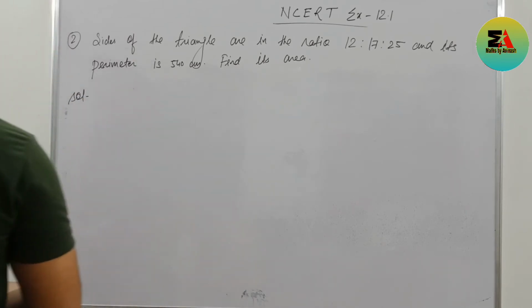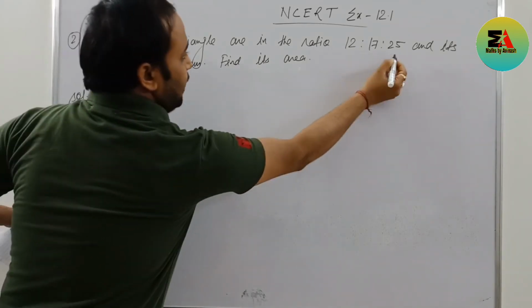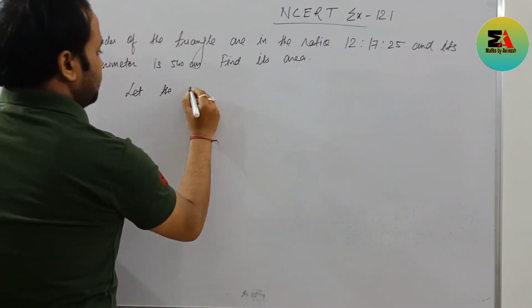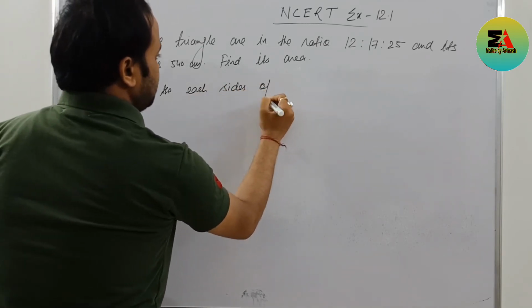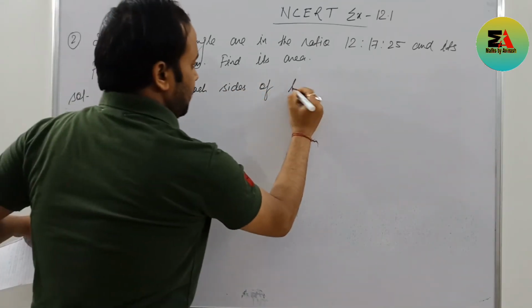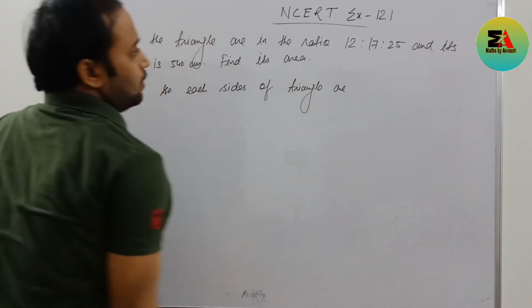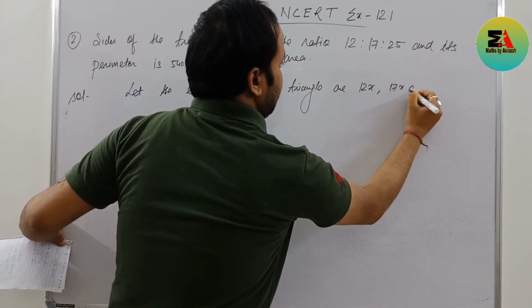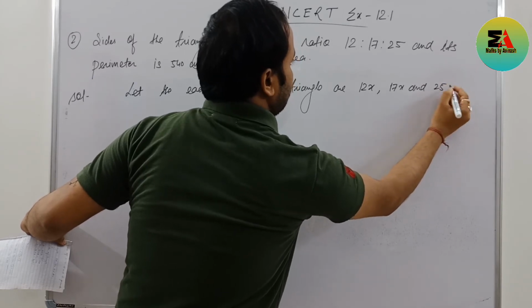What we write: let the sides of the triangle be, because the sides of the triangle are in ratio, 12x, 17x and 25x.